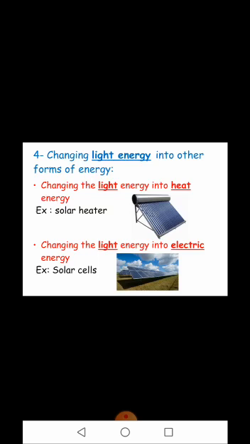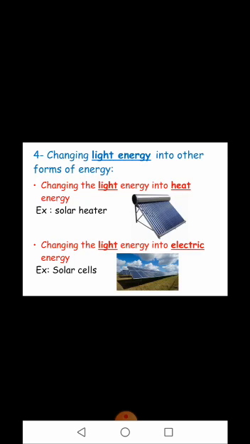Number four, changing light energy into other forms of energy. Number one, changing light into heat by the solar heater. The solar heater is used to change light energy which comes from the sun to heat energy to heat our houses.